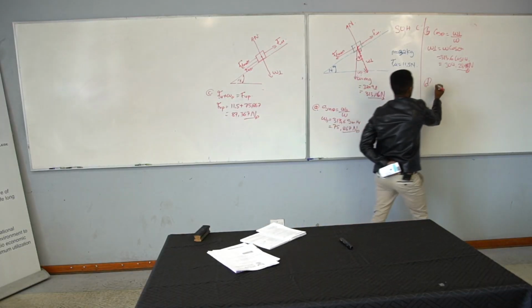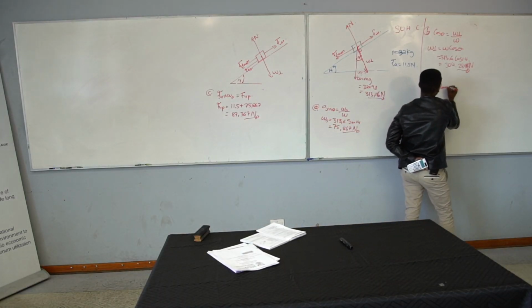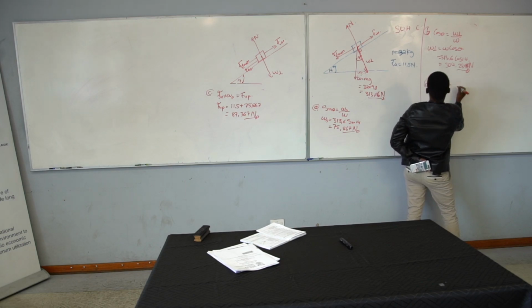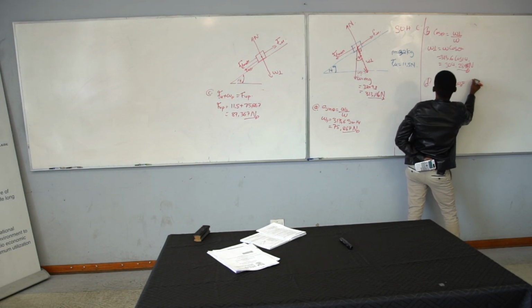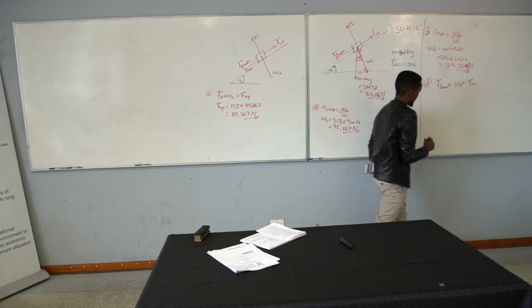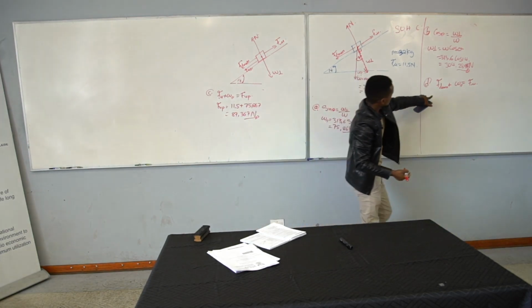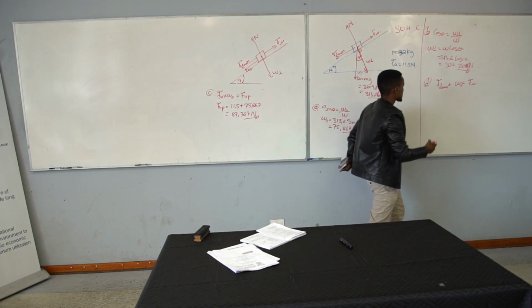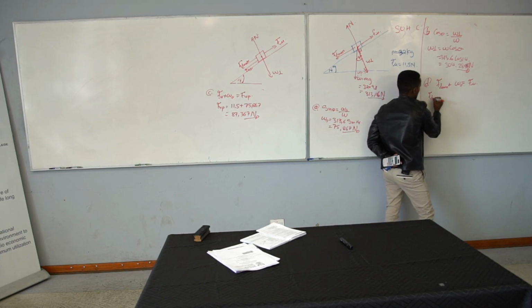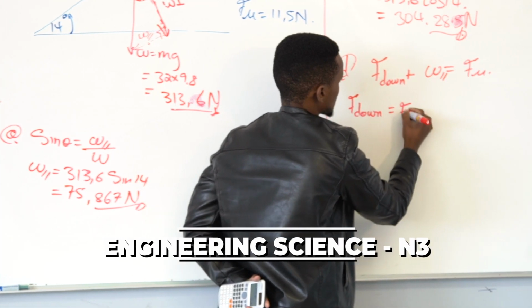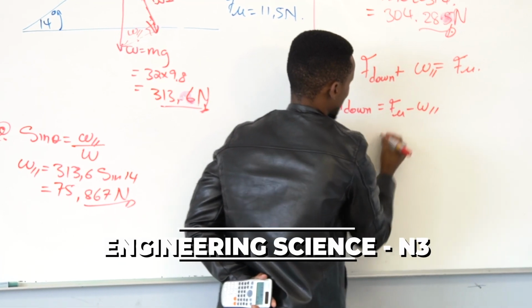Meaning now, force down plus the weight parallel is equal to the frictional force. The question was to calculate for the force down, so we substitute: F down is equal to the frictional force minus the weight parallel.